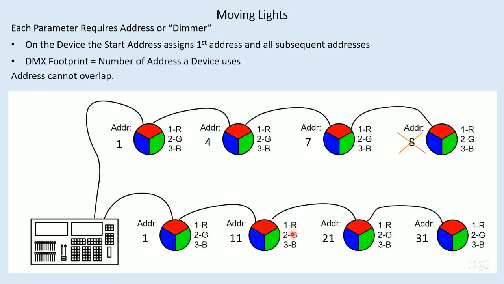So 11 red, 12 green, 13 blue. And the next device address at 21. So 21 red, 22 green, 23 blue, and so on down the line. So any number ending in a 1 is going to be red. Any number ending in 2 is going to be green. Any number ending in 3 is going to be blue. It's a way that we can sort of simplify in our brains what our addresses are.